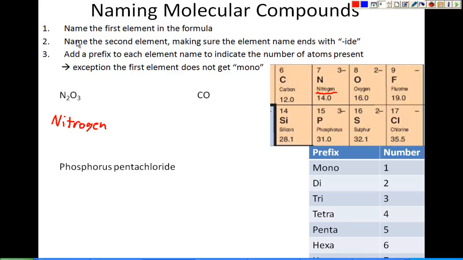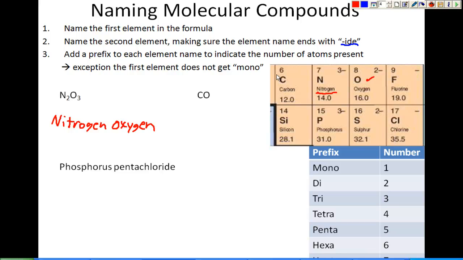Step number 2. Name the second element, making sure the element name ends with "ide." So the second element is oxygen. So I'm just going to write oxygen. Now, it says make sure the element ends with "ide."